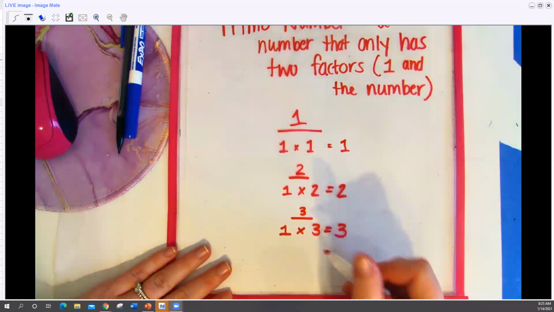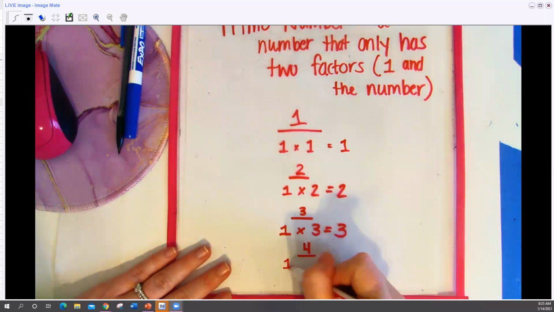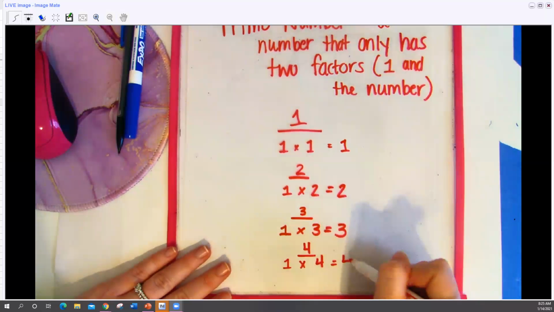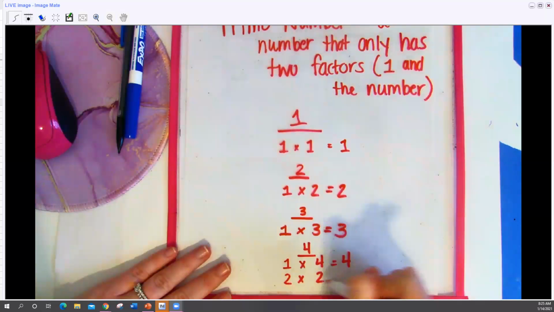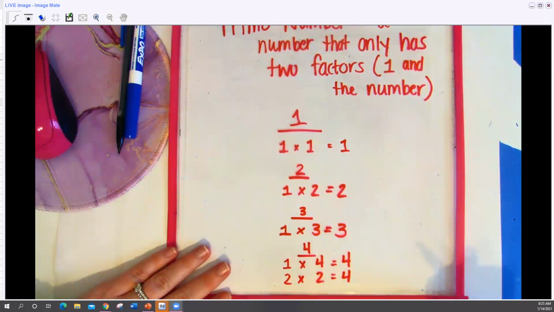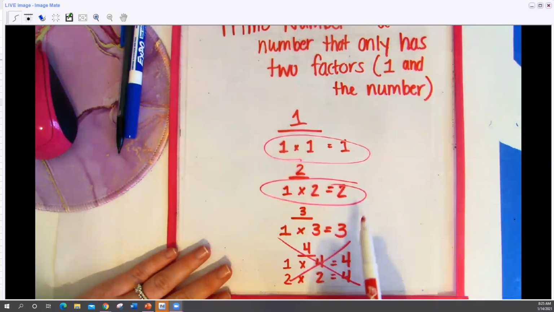Let's look at number 4. We could do 1 times 4 equals 4. But I also know that I can do 2 times 2 and get an answer of 4. So 4 is not a prime number because it does not have only one equation that equals 4.